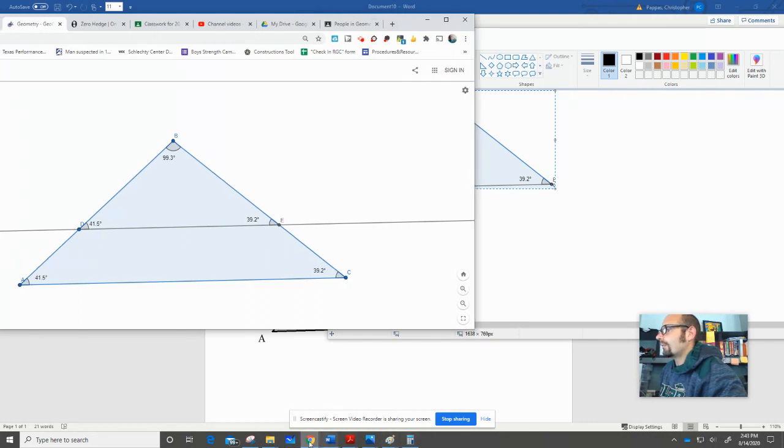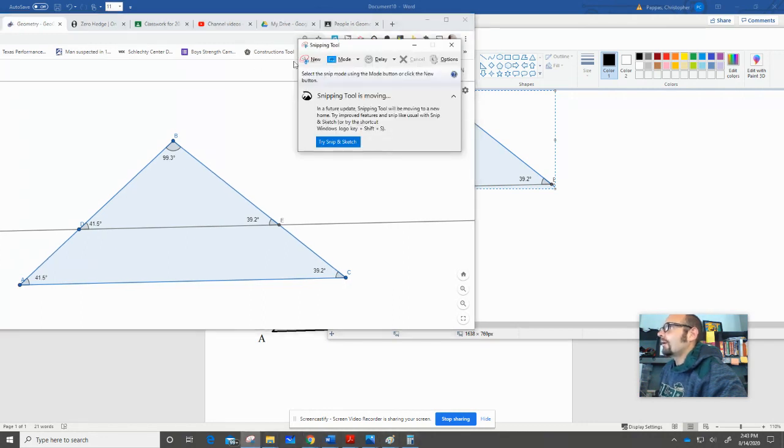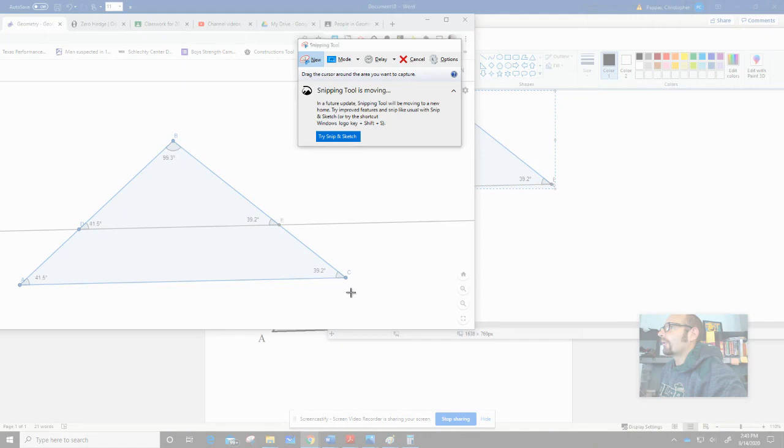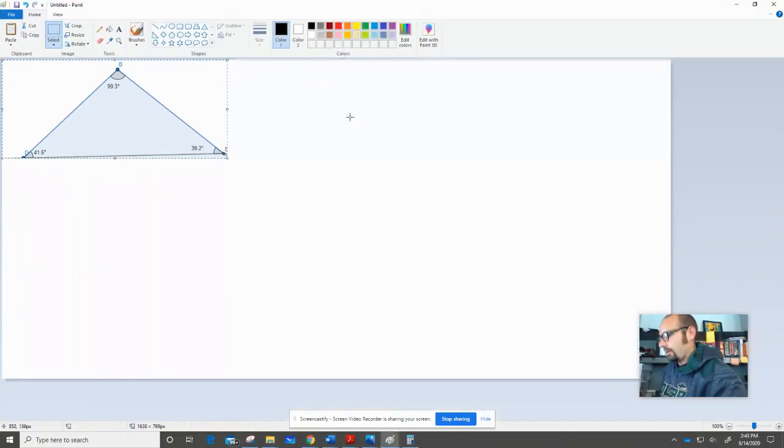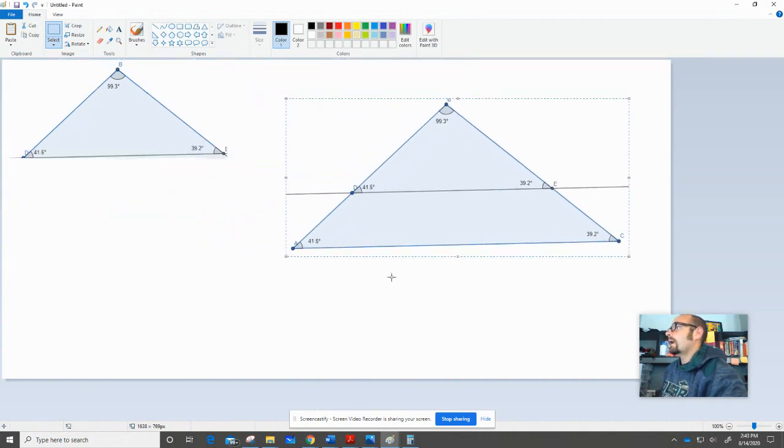So I'm going to snip that over to Paint so we can mess around with it a little bit. Bring it over here to Paint. Now what we should see is that this little triangle BDE is going to be similar to this big triangle BAC.